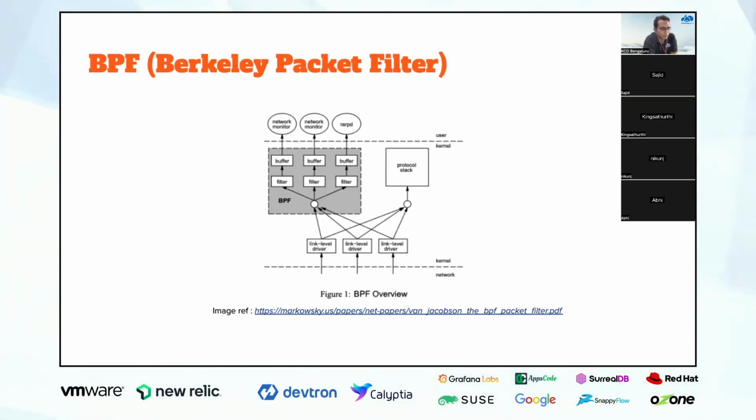So let's dig deeper. eBPF has come from BPF, which you see on the screen. BPF is the Berkeley Packet Filter, developed long ago to look at network traffic, that is, information about the packets going through our system.